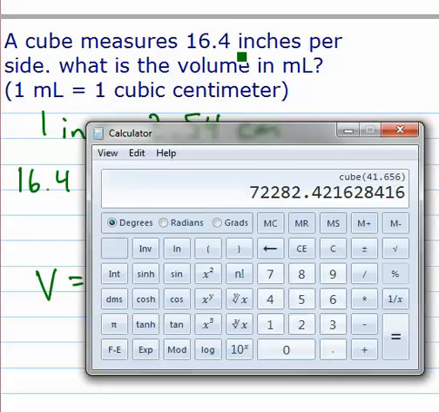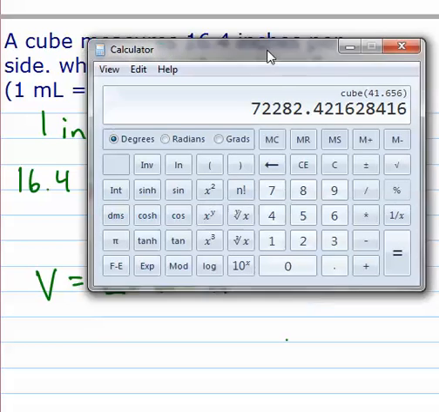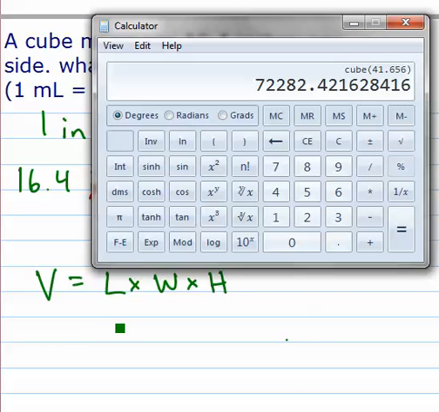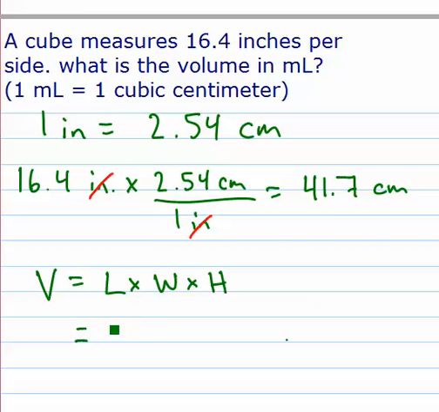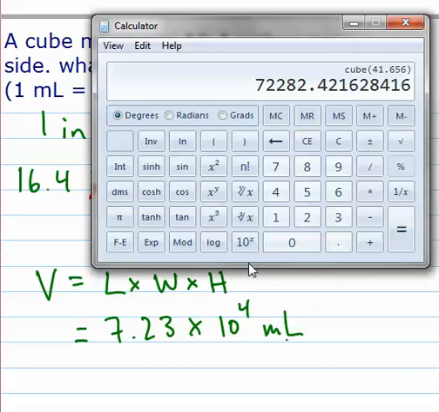So we had 3 sig figs in the beginning. Again, we will round this off to 3 sig figs. So this will tell us this is 72,300 milliliters, or 7.23 times 10 to the 4th milliliters. Let's make sure we did that correctly.